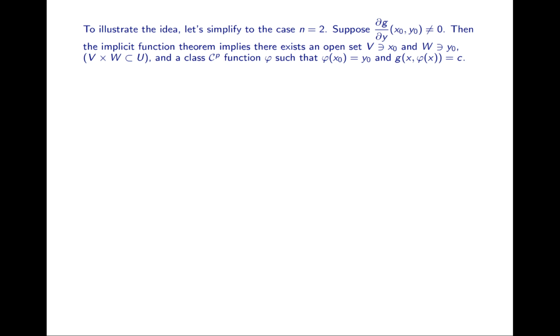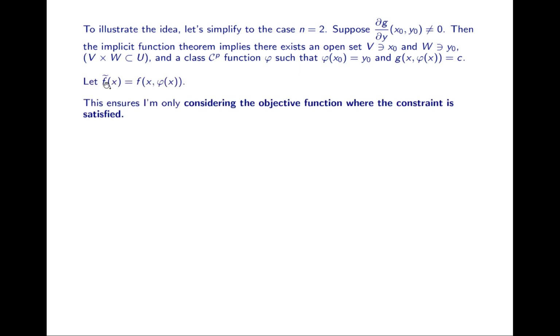Well, then according to the implicit function theorem, there is a C^p map phi that passes through (x naught, y naught) and is on the level set of g. In other words, g of x comma phi of x is equal to c. In other words, the graph (x, phi of x) is in my feasibility region.